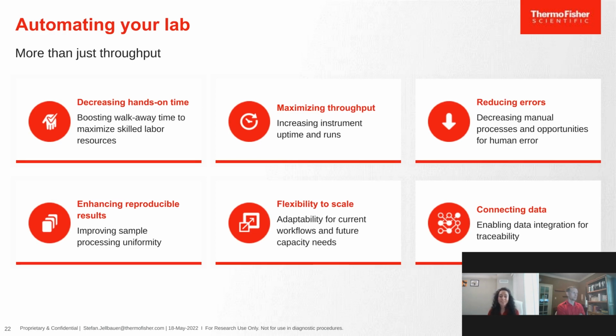This results in maximizing throughput and instrument uptime, such that your workday is still an 8-hour workday, but the experiments and workflows run 24 hours or even over the weekend. Automation also reduces errors, thereby providing reproducible quality results which are publication ready. With the flexibility to scale and connect data for traceability, creativity would be the only limiting factor for your automation platform.